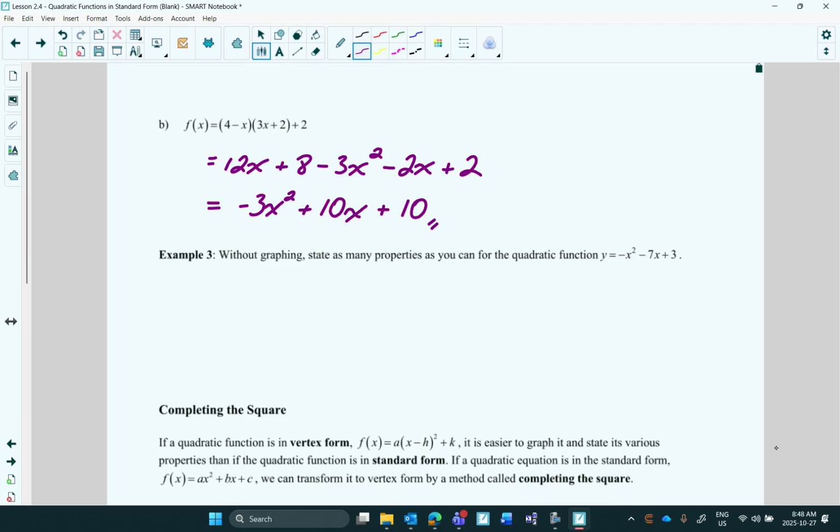So you can't tell me what the vertex is. What can you tell me? Anything? A's not 0. Yes, opens down. That negative tells me that it opens down.